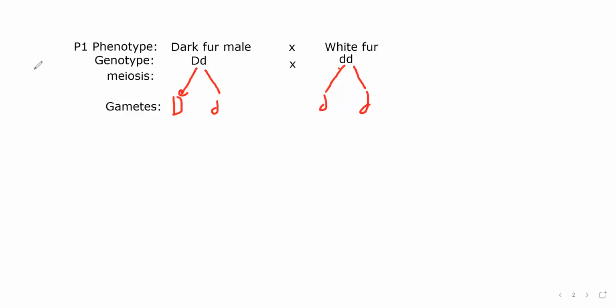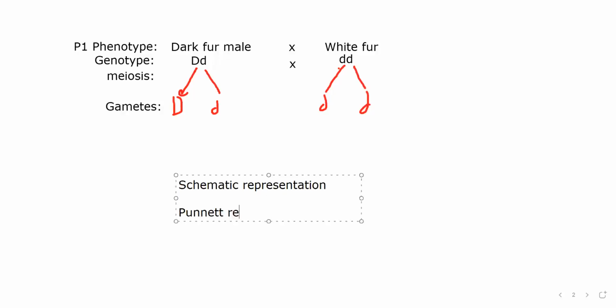We should understand that the one that we did earlier is simply what we call a schematic representation of a genetic cross. And we also have a Punnett square representation of a genetic cross.